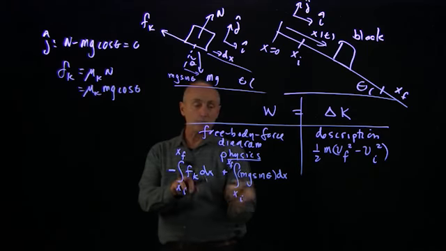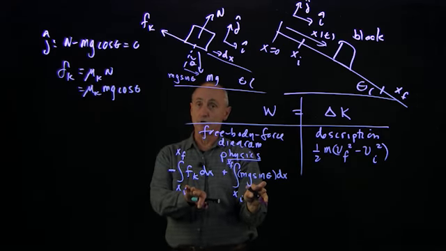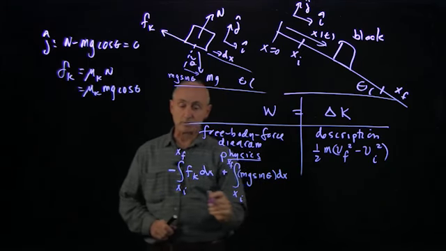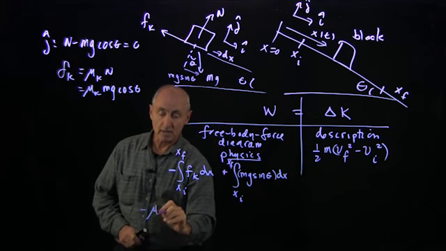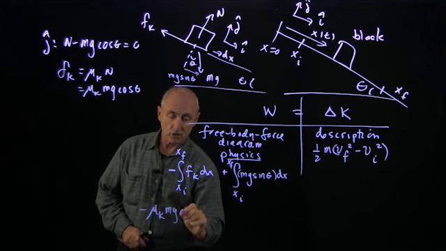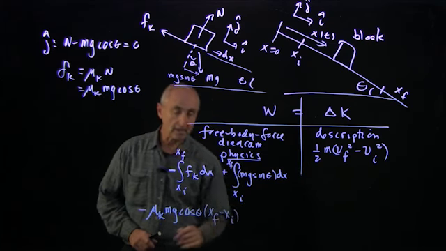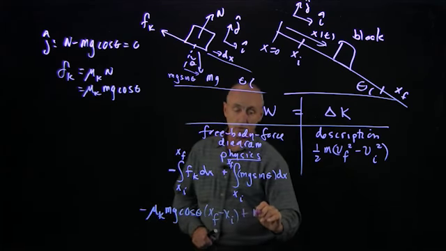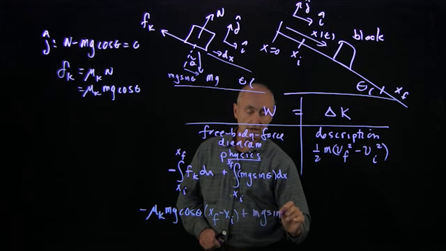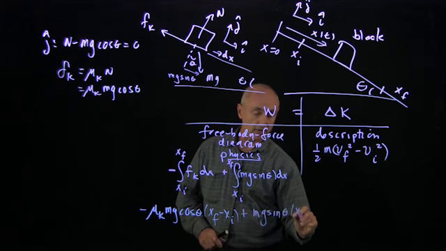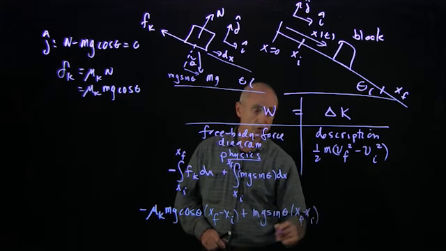Then in both instances we have a constant force, so it's just force times displacement. So we have minus mu k mg cosine theta times the displacement, which is x final minus x initial. Over here, we have mg sine theta times x final minus x initial.